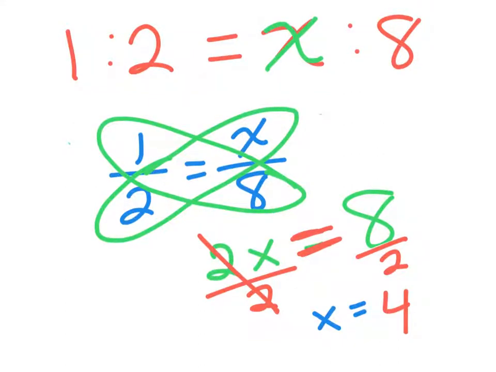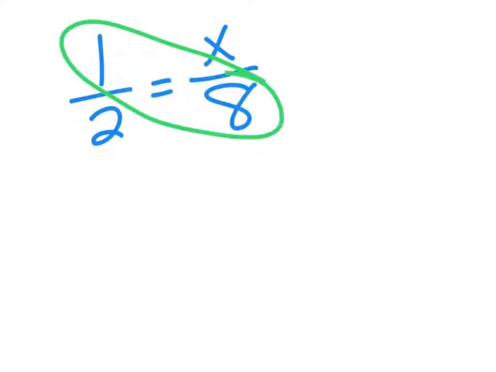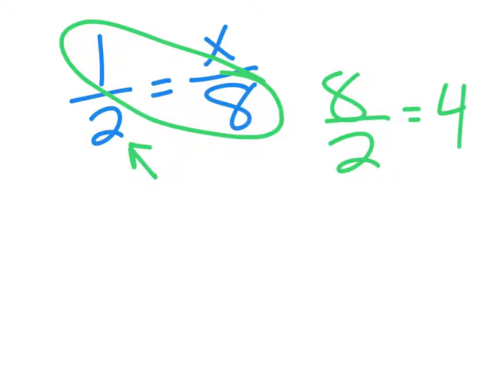But I mentioned I'm going to show you a shorter method here. What we had was 1 over 2 is equal to x over 8. A faster way of doing that, as you can see at the end of that problem, is that we ended up with 8 divided by 2. And it'll always work out that way: the answer to the side opposite our x, in this case 1 times 8 was 8, divided by the number that's diagonally across from the x, dividing by 2 in this case, will give me my answer every single time.